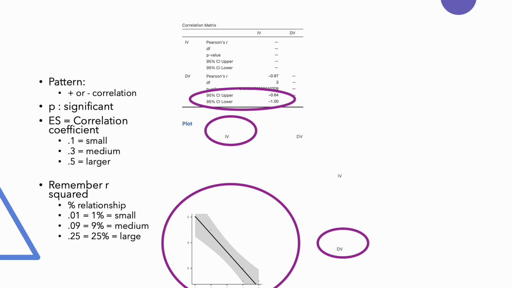We can see right here that the true population value is somewhere between 100% related and a little bit greater than 0.6 times 0.6, which is 36, a little bit more than 36%. Either way, all of those correlations are large. We know the true population correlation is negative large to negative large.